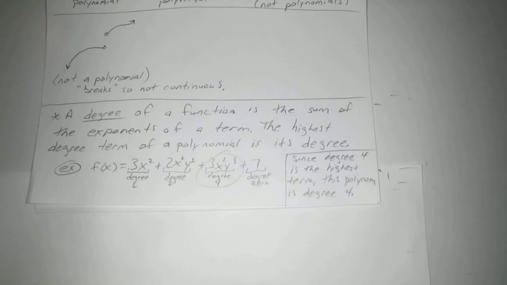Okay, so you don't add them together or anything like that. You just pick whichever term has the highest degree, and that's the degree of the whole thing. Okay. Any questions on that?